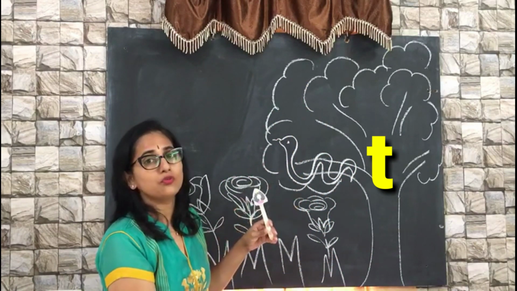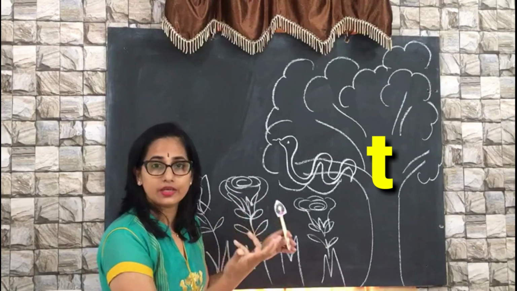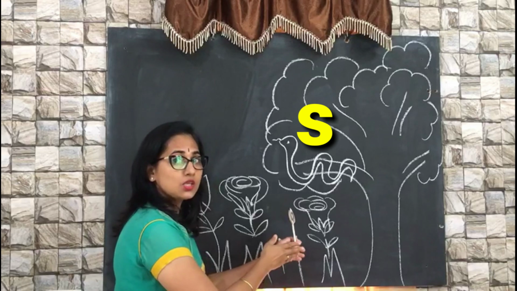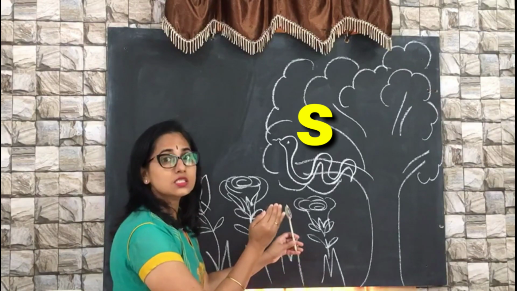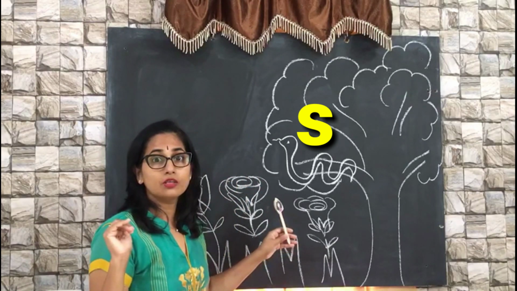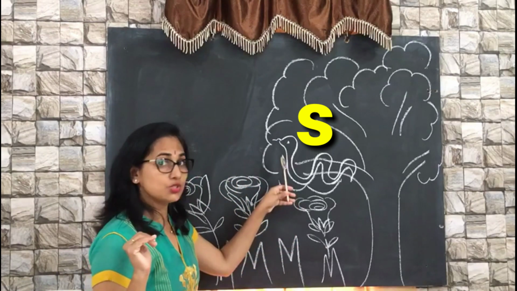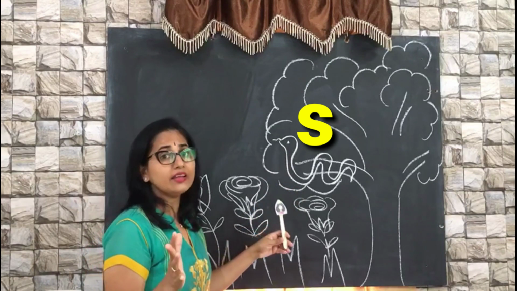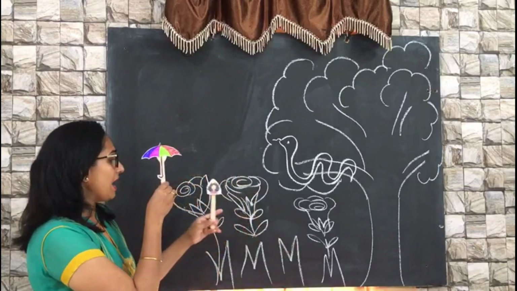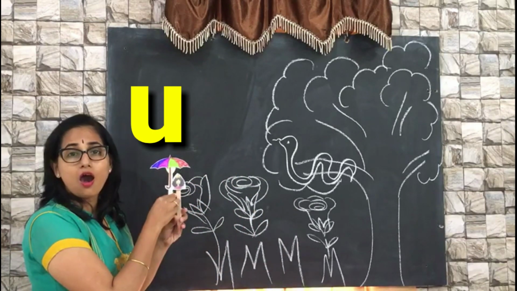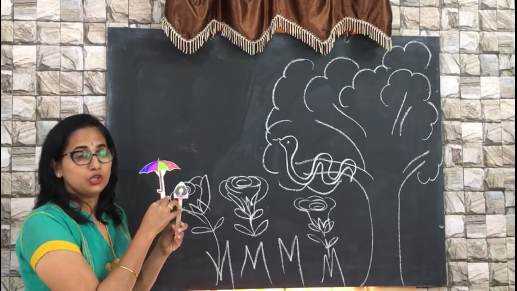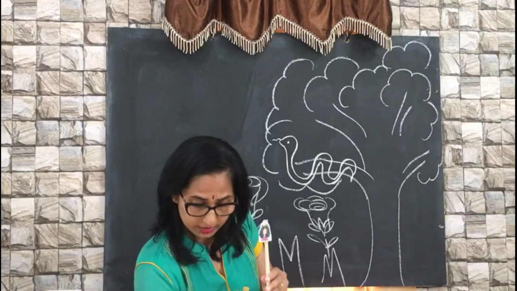What is the beginning sound of tree? Tree. And while she was standing under the tree, she saw a snake. She got frightened and ran away and sat under an umbrella. Umbrella.